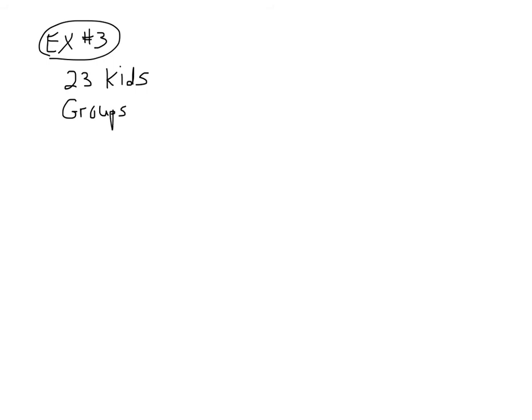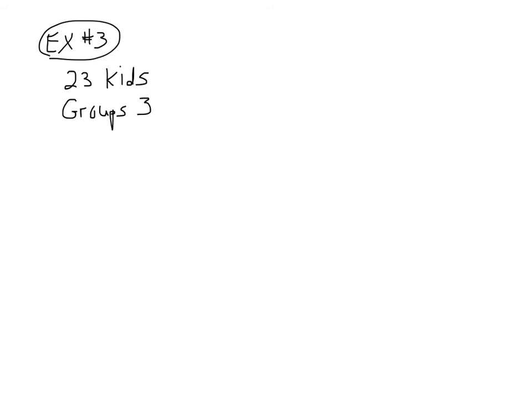So last example, this is example number 3. Let's say there are 23 kids, or people, going on a trip maybe, and they have to be in groups of 3. Okay, this is a combination.